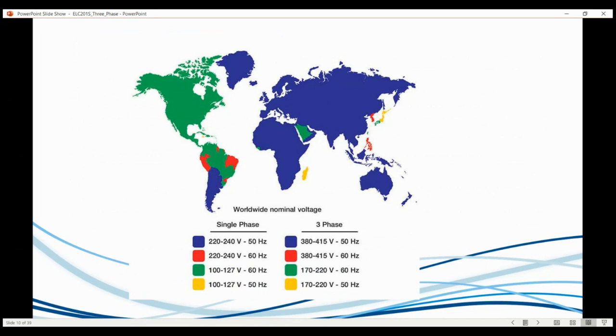That's the predominant form of electrical generation, in voltage and frequency. If you look at our famous America over there in green, we have 100 volts and 120 volts at 60 hertz, and the three-phase voltages are only at 170 to 220 volts.